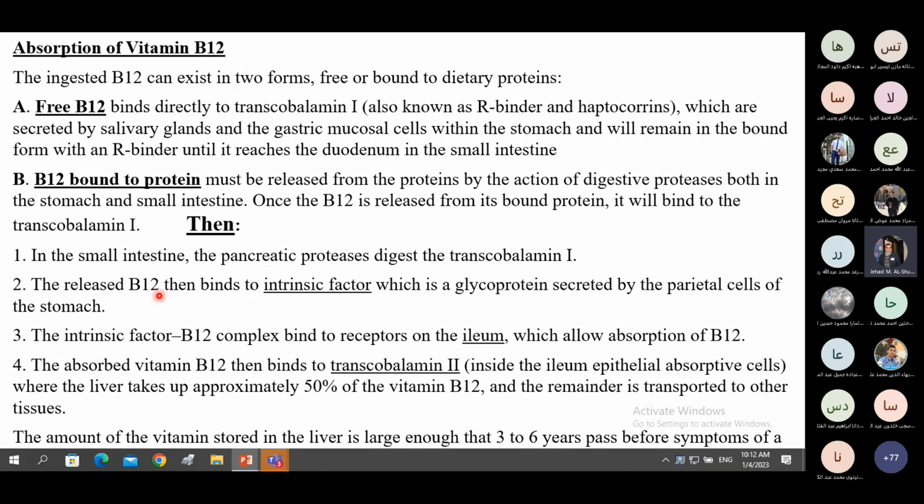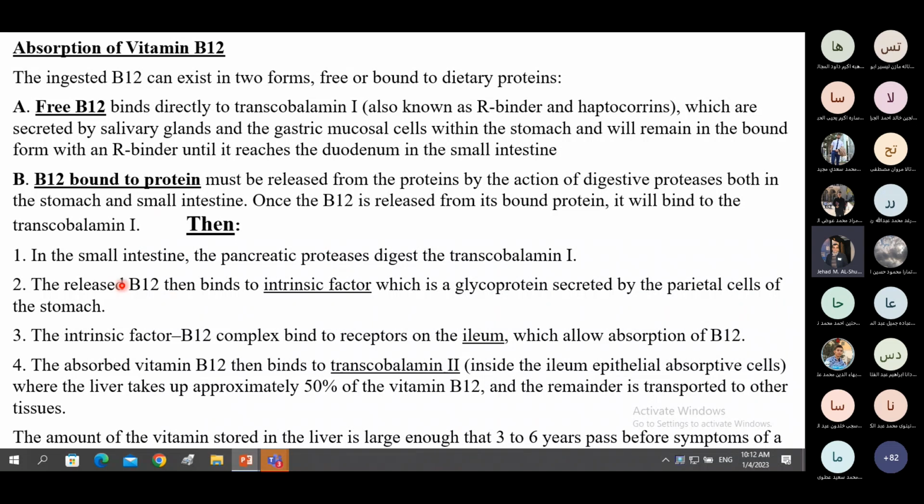Now it will bind to intrinsic factor, which is a glycoprotein, a carbohydrate with a protein, synthesized by the parietal cells of the stomach. So in the small intestine, transcobalamin 1 will be digested by pancreatic proteases.